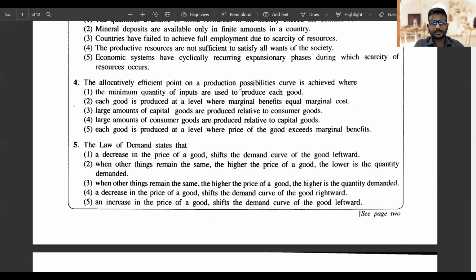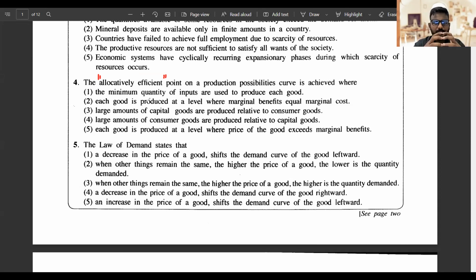Right, I believe those who have answered have given the same answer. No one has given a different answer. That means everyone is okay, right? Very good. So first of all, allocative efficiency or allocatively efficient means, the definition is simple, right?